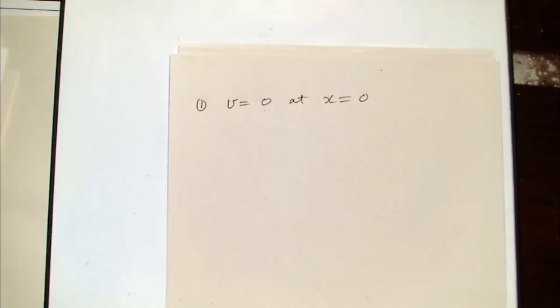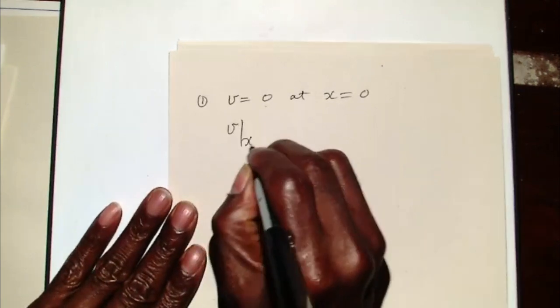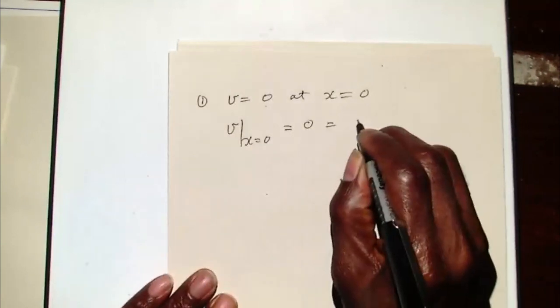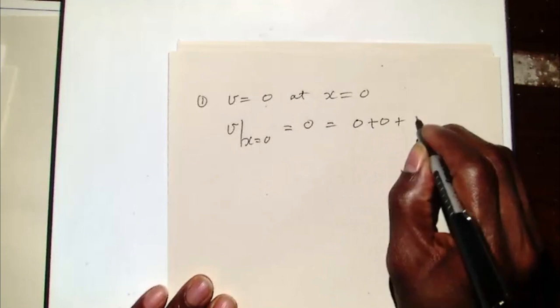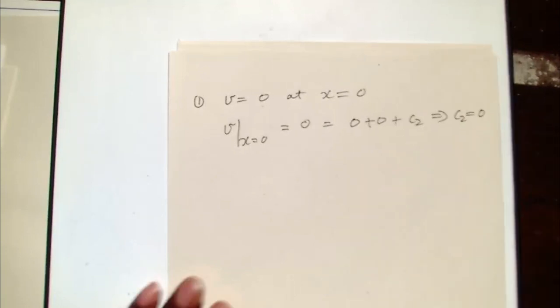We'll put that in that equation, because it's for section A. I will say V at x equals 0. Therefore, 0 equals 0 plus 0 plus C2, which implies C2 equals 0.